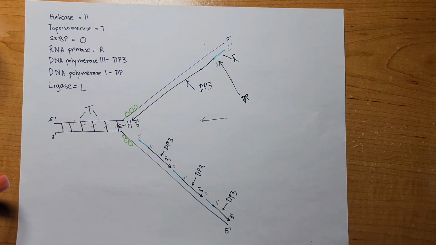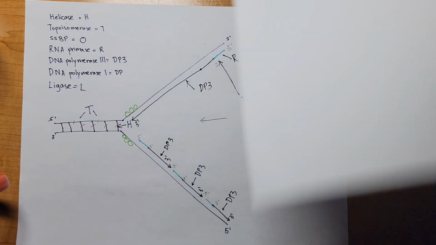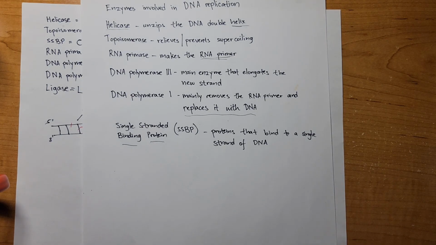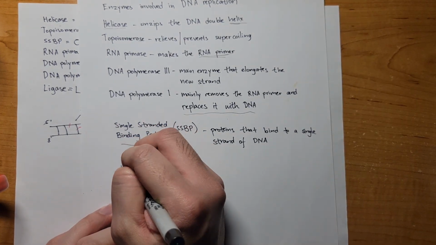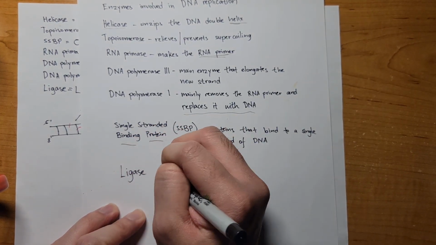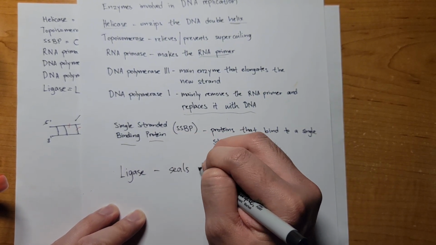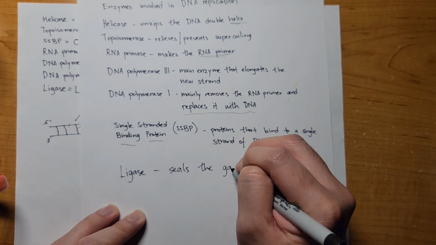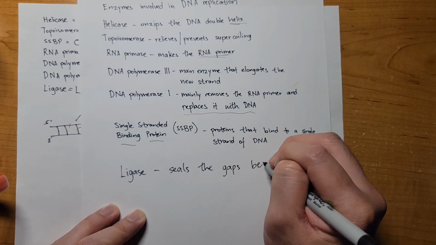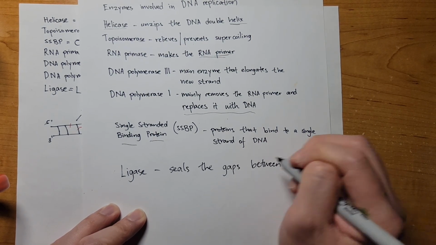Last one is the ligase. I think I forgot to say the function of the ligase, so I'm just going to add it here. Basically, ligase seals the gaps between Okazaki fragments.